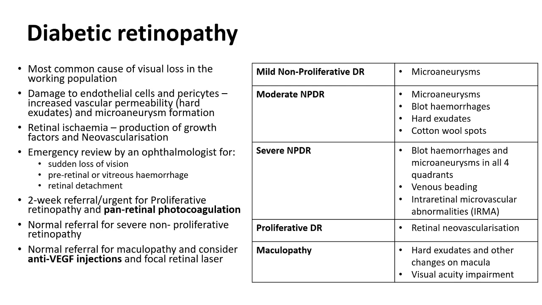Severe non-proliferative diabetic retinopathy and maculopathy require normal referral. If there is bleeding near the macula, then anti-VEGF injections may be given, as well as consideration for focal retinal laser.